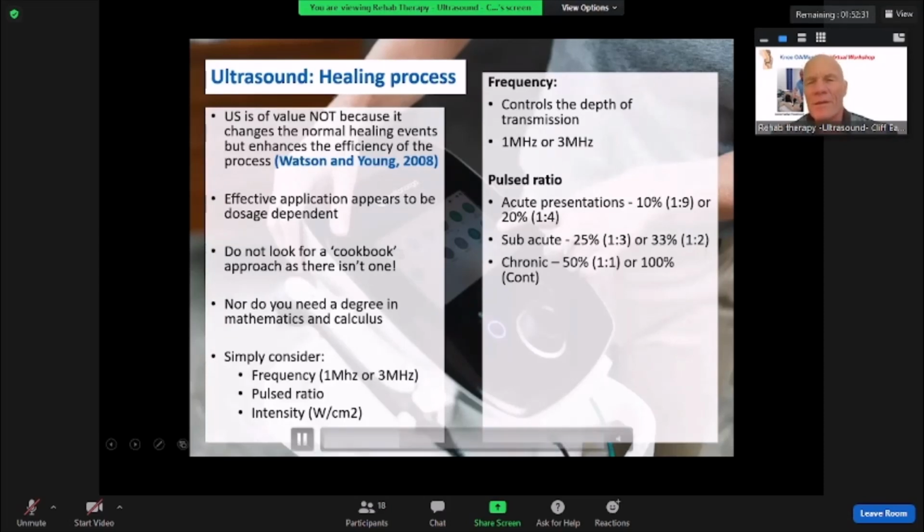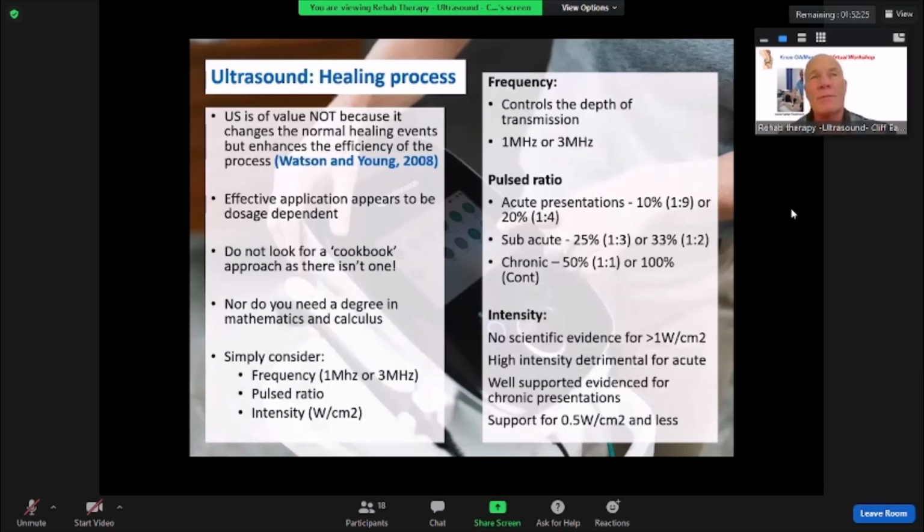Now, when we're looking at different presentations, we're going to use different duty cycles, so on-off ratios. In acute presentation, I worked in professional sports, so I could start people day 0. At that stage, I would start at 1 to 9.